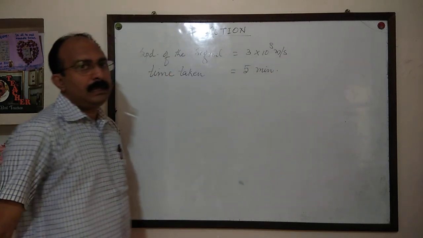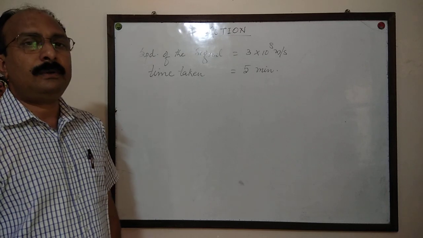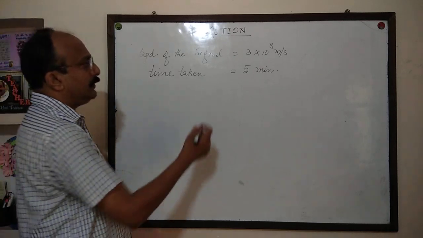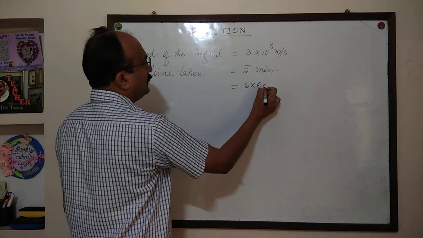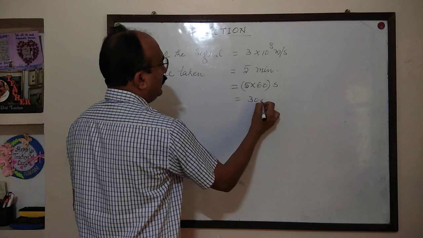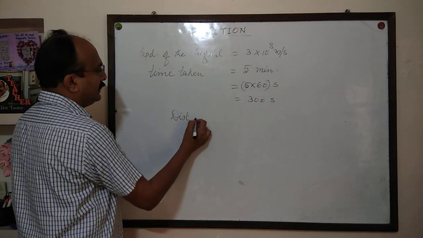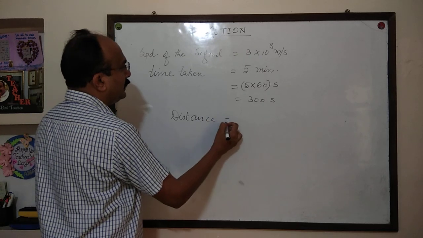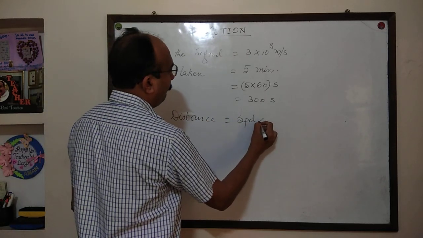We know that minute is not the SI unit of time. The SI unit of time is second. So we have to convert this minute into second. 5 into 60 second is equal to 300 second. Now we are asked to find out the distance. We know the formula. Distance is equal to speed into time.